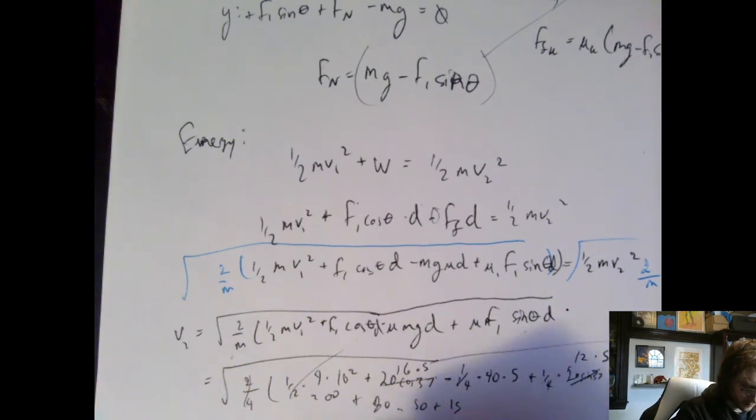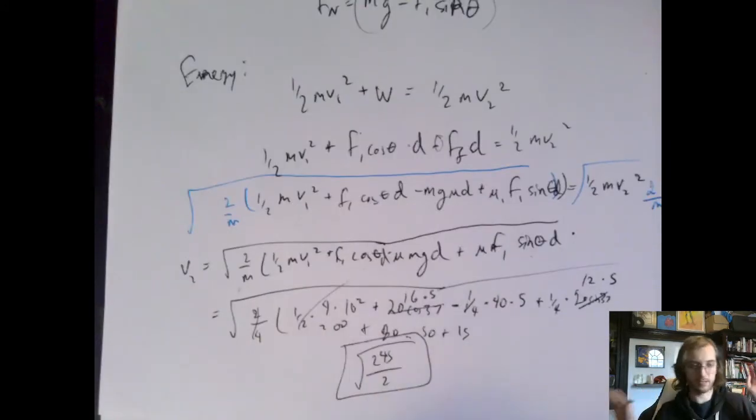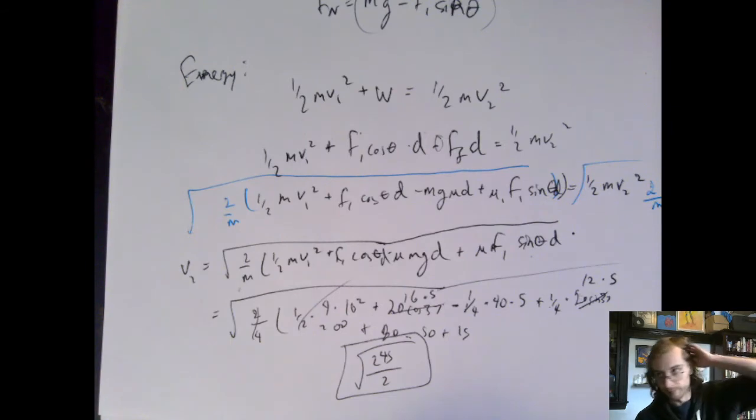Half of 245 over 2 square rooted. Whatever that is. And your calculator will tell you that.